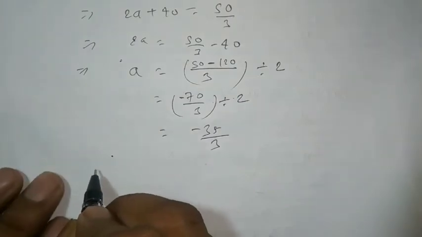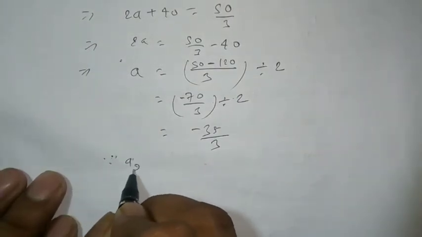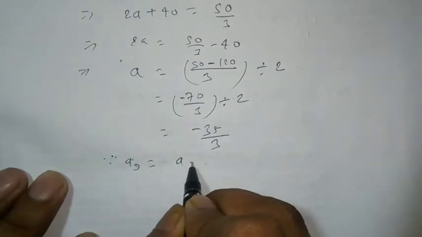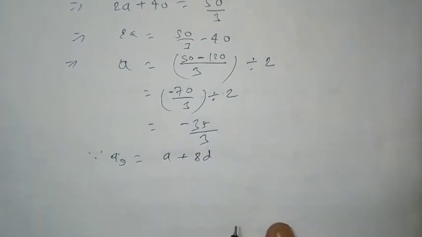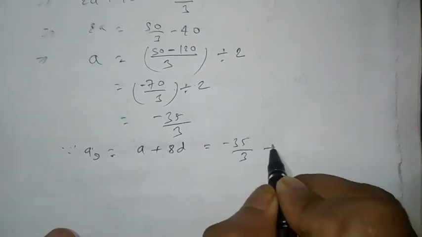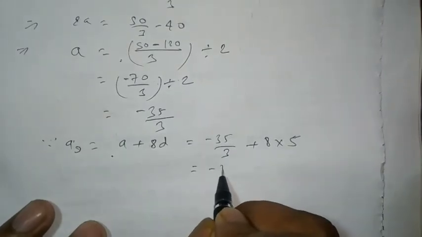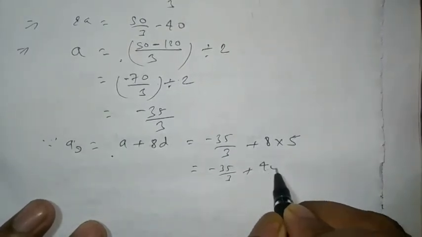Again, A9 is equal to a plus 8d, which is equal to minus 35 by 3 plus 8 into 5, equal to minus 35 by 3 plus 40.